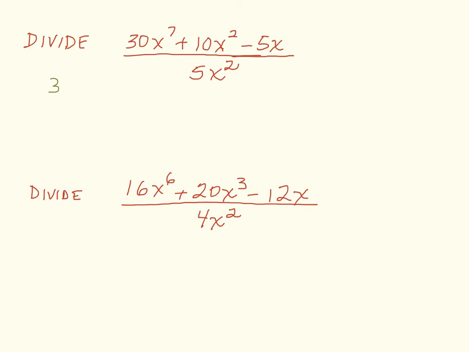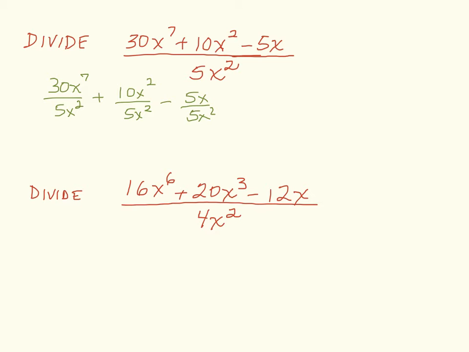So let's rewrite it. 30x to the 7th over 5x squared plus 10x squared over 5x squared minus 5x over 5x squared. Notice plus and minus, because those are the signs that precede those terms. So let's simplify it now.